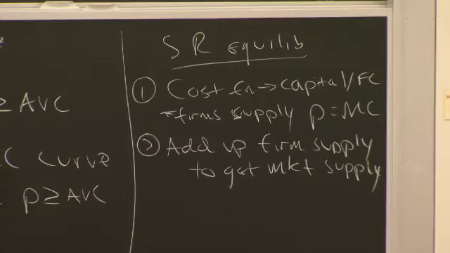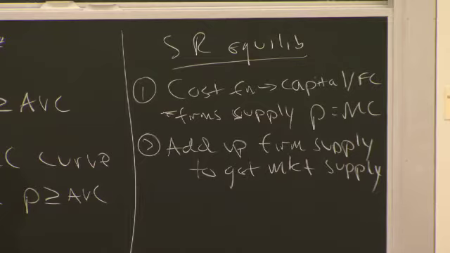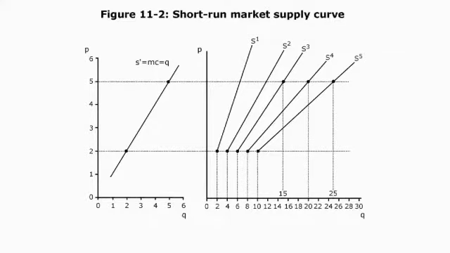Those 5 firms are going to produce. Now to see that, let's go to figure 11.2. So this is the second step, how we get to that short-run market supply curve.